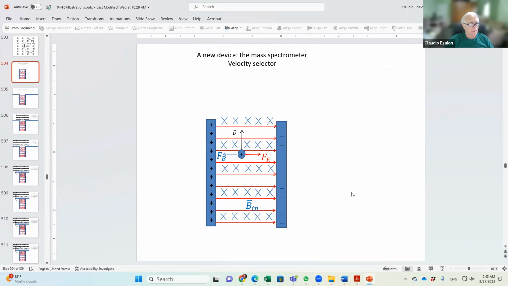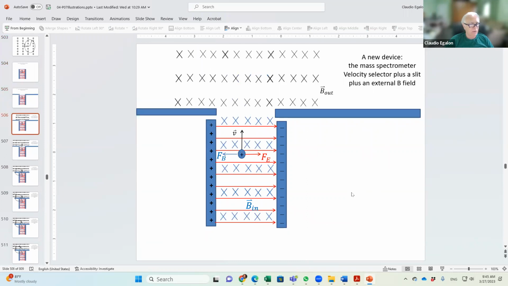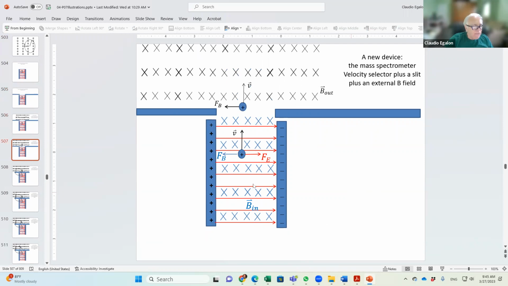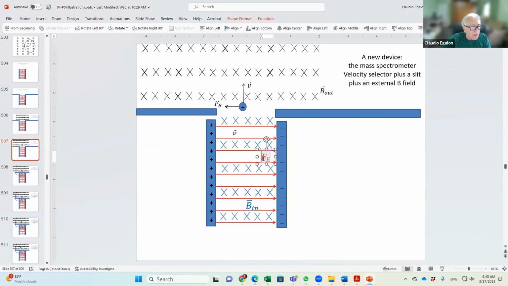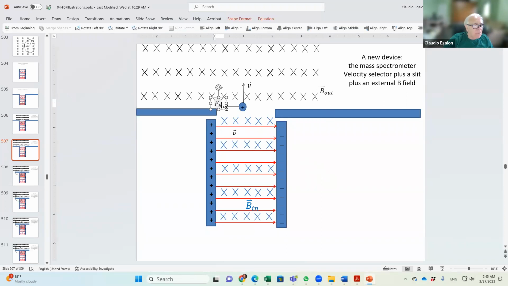Here you go. The particle is going through the volume of the velocity selector. Eventually, it exits the velocity selector. The electric field becomes 0. And by the way, here is supposed to be B out.